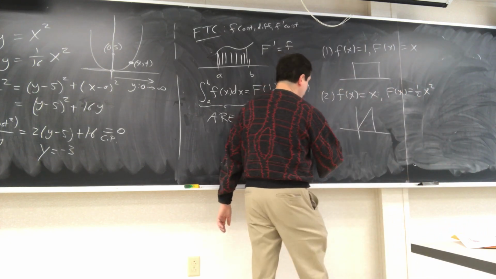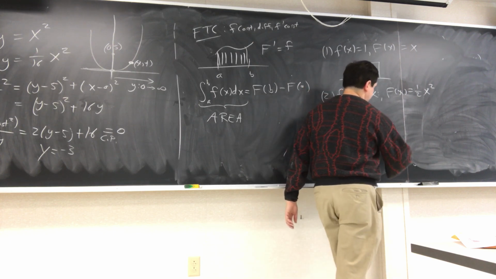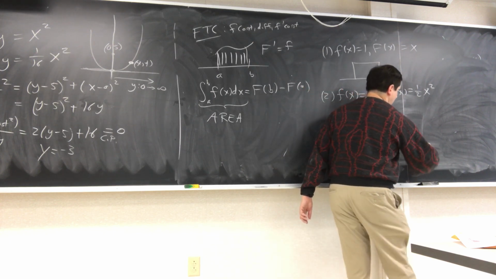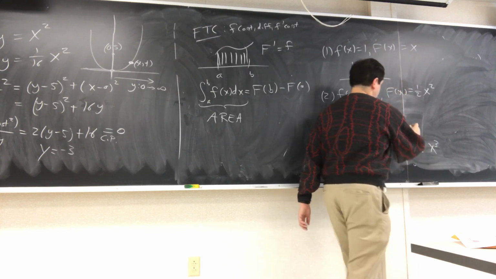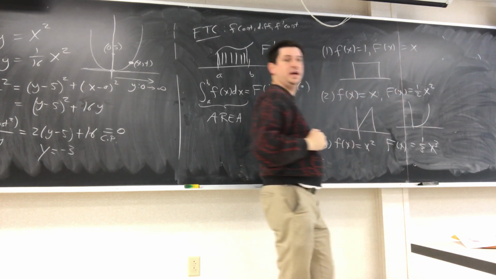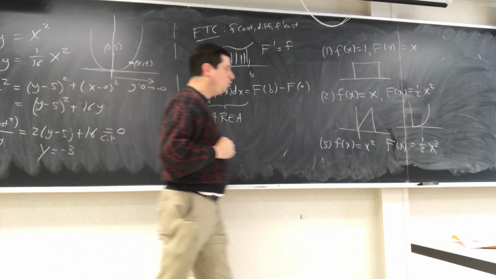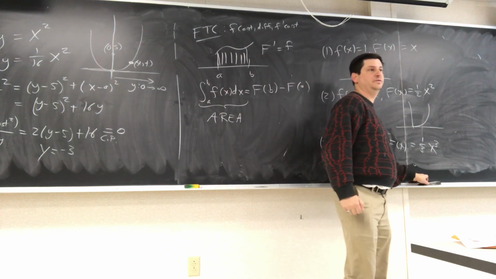The first non-trivial example is f of x is x squared, and the antiderivative is 1/3 x cubed, is our parabola. And now we finally have a situation where we do not immediately know the answer.